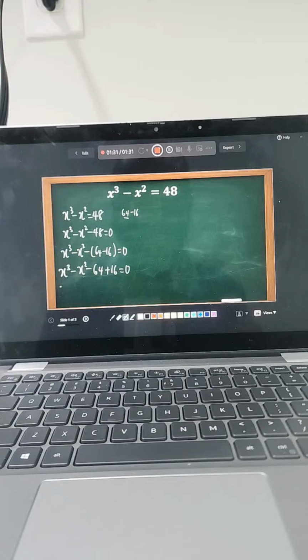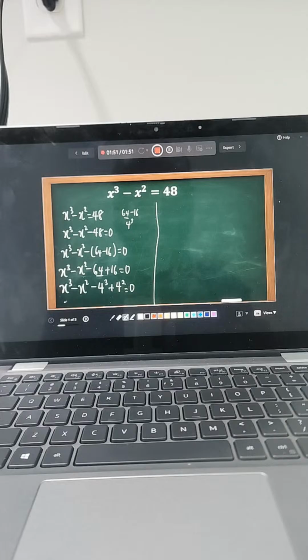Here I'm going to have x cubed minus x squared. 64 can be written as 4 to the power of 3, so we have minus 4 cubed, while 16 can be written as the square of 4, equals 0.